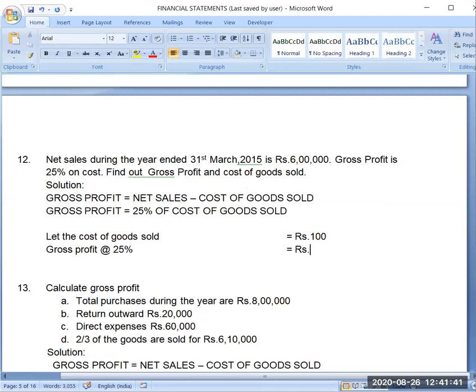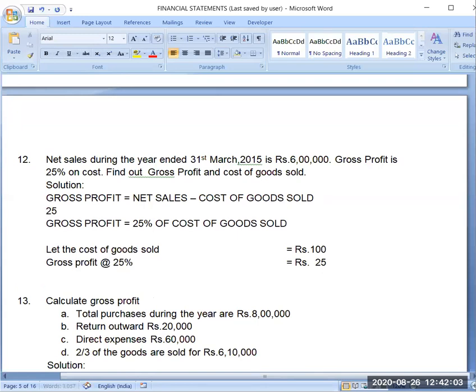It is equal to rupees 25. So now I know the two things. I know the amount of gross profit, it is 25, and I know the amount of cost. Amount of cost is 100.